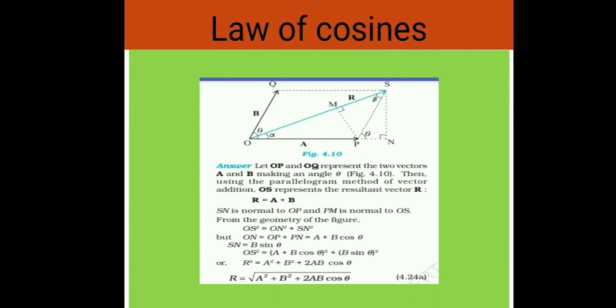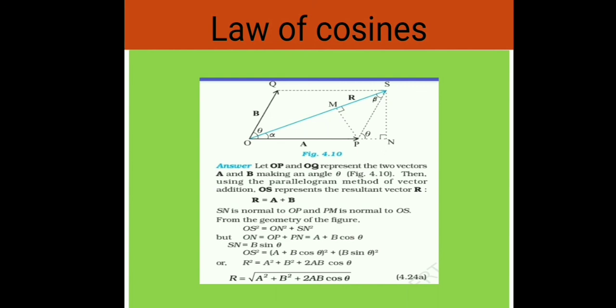So OS square, again go to the Pythagoras: OS square equals ON square plus SN square. So OS square equals (A plus B cos theta) whole square plus (B sin theta) square. Now OS is the resultant, which can be represented by R. So R square equals A square plus B square plus 2AB cos theta.